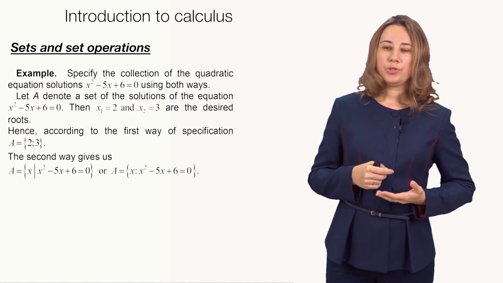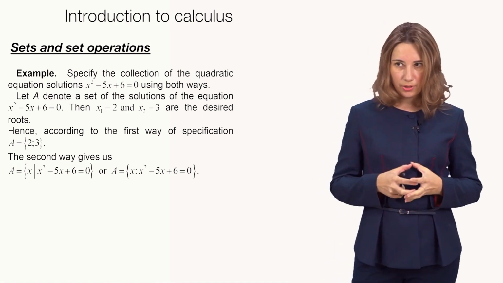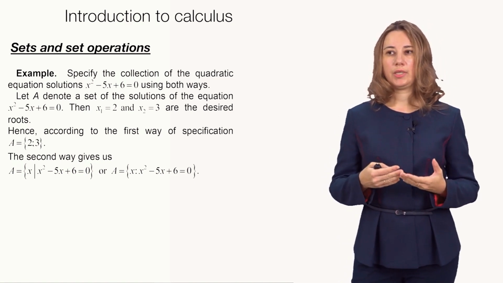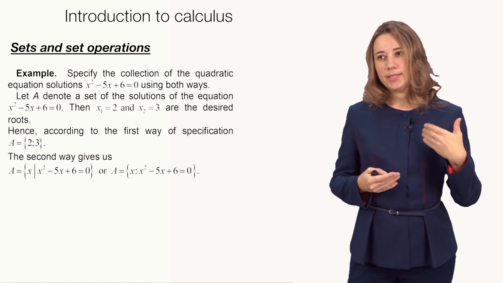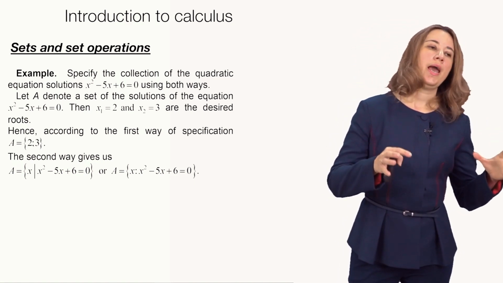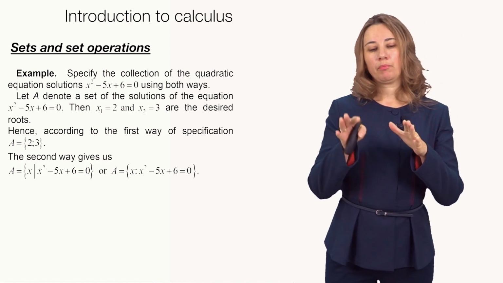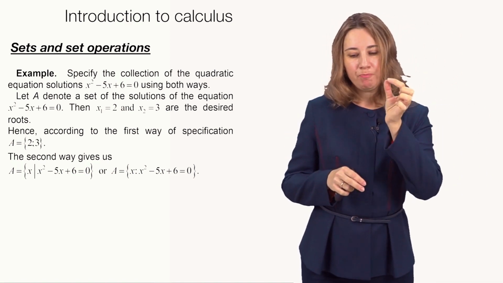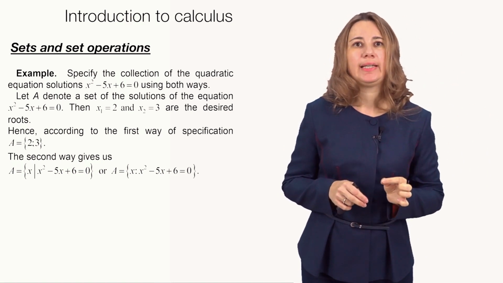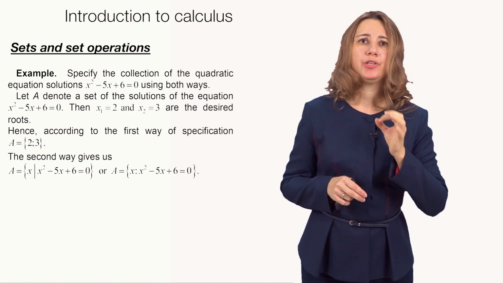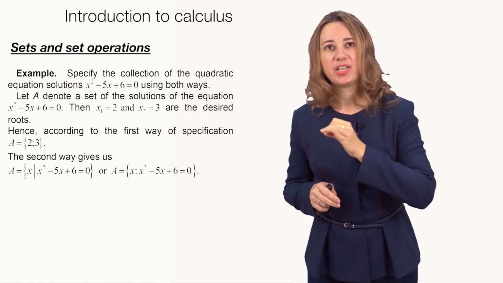Using the second way, we should place a rule into the curly brackets. The given representation can be read as follows. The set A contains elements x, and here, look at the screen, we see a vertical line, and this vertical line should be interpreted as "such that."